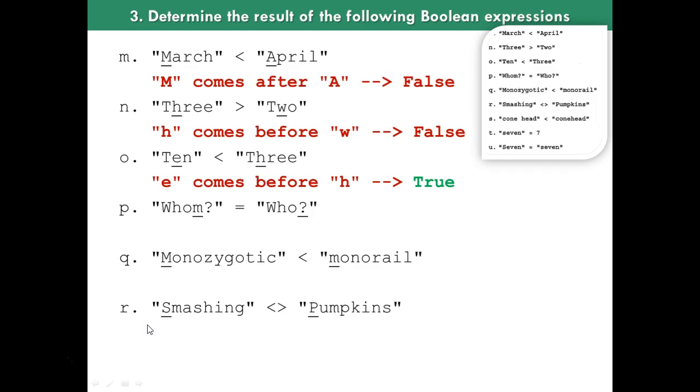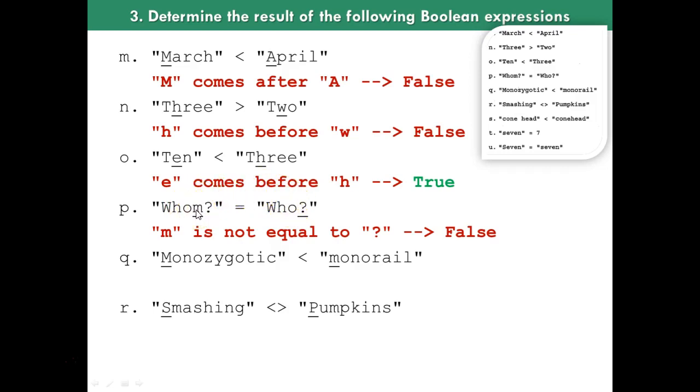I'd like to rewind to P, because this one requires a little bit more explanation. When the computer is comparing whom with who?, first it looks at the capital W's, decides they're equal. Then the H's, which happen to be lowercase, they also are equal. Then the O's, which happen to be equal.